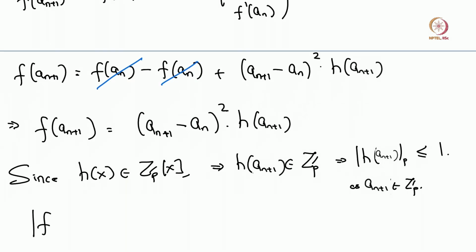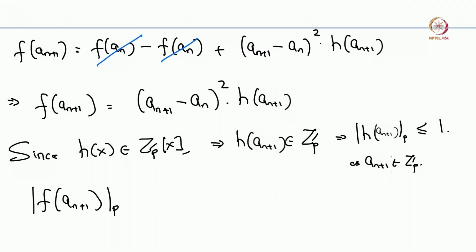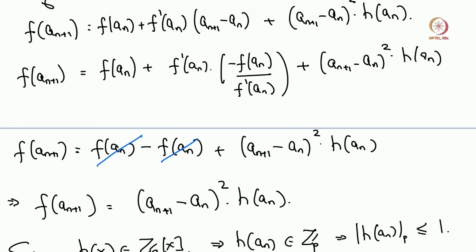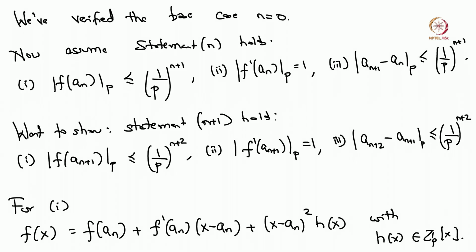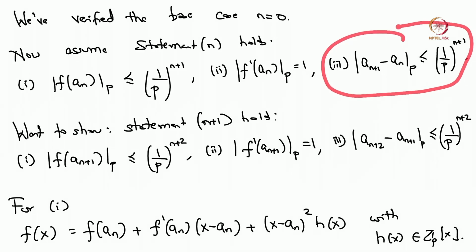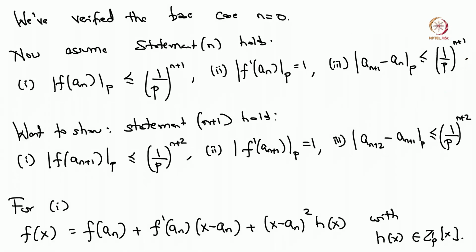And so if you now compute the p-adic absolute value of f of a_{n+1}, you take the difference between a_{n+1} and a_n, compute the p-adic absolute value, take its square, and then you have the p-adic absolute value of h of a_{n+1}. But now by the induction hypothesis, we have that a_{n+1} minus a_n in p-adic absolute value is less than or equal to 1 over p raised to n plus 1.